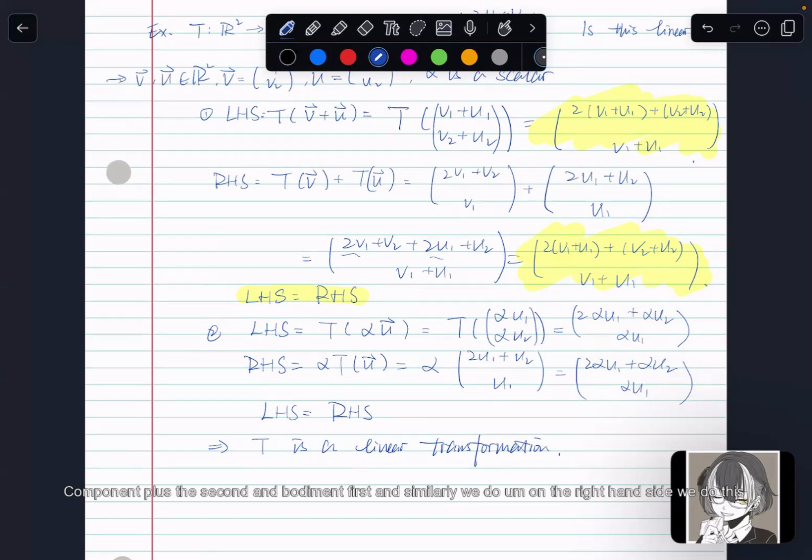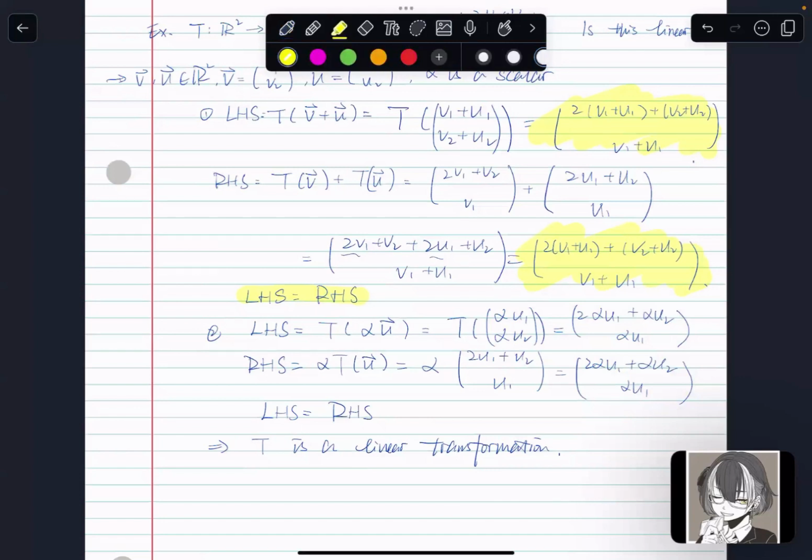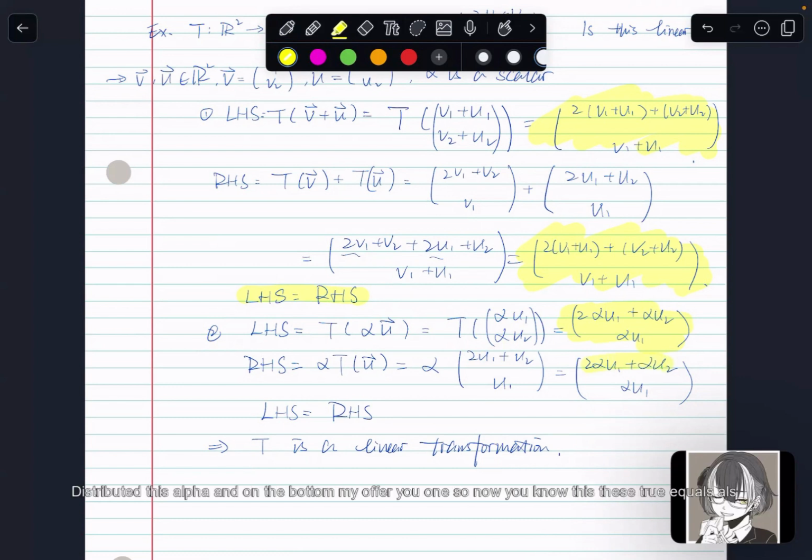On the right-hand side, we do the transformation first, and then the scalar product. After the transformation, we got this and multiply by alpha. On the top, I just distributed this alpha, and on the bottom, I have alpha u1.